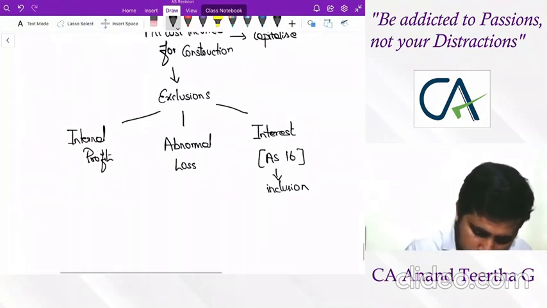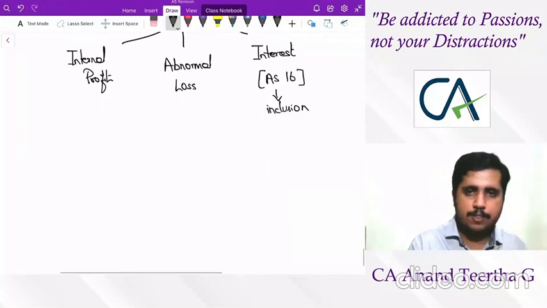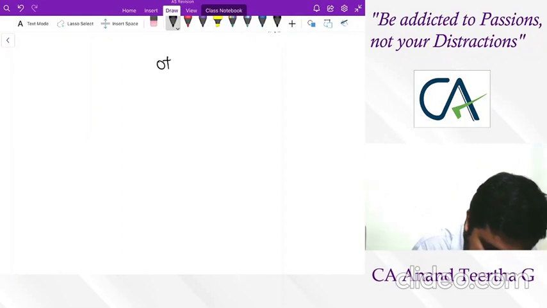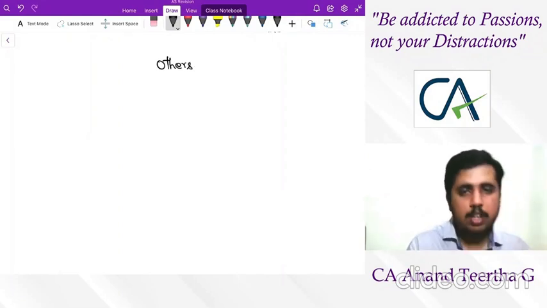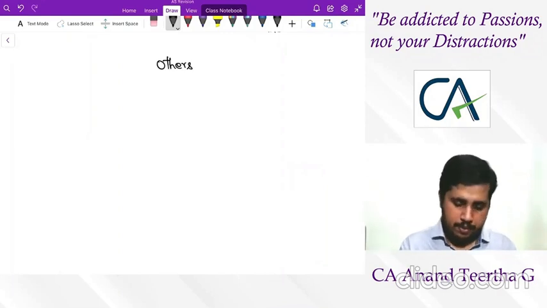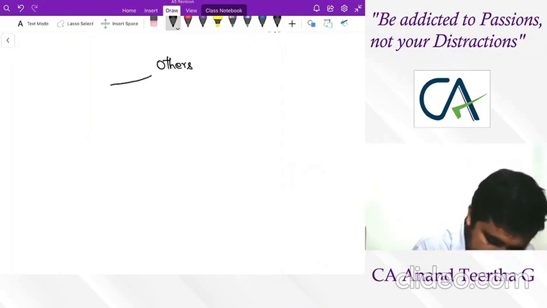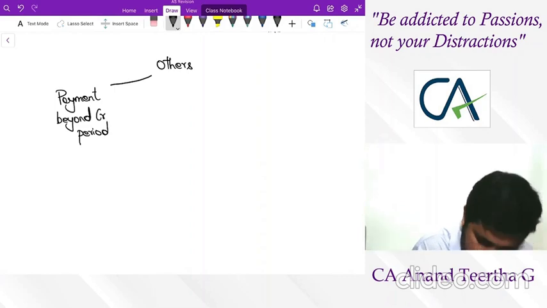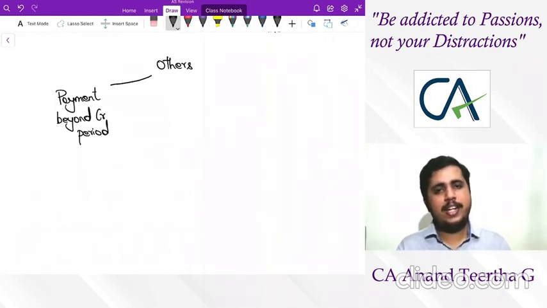Then what are those other circumstances? Even when self-construction is done, what are those other circumstances where you need to consider your cost analysis? Number one, if there is any payment beyond the credit period.